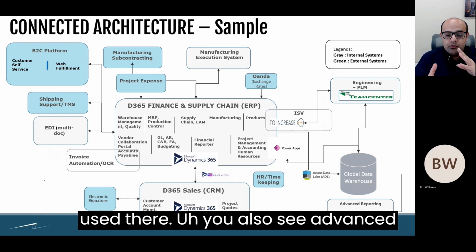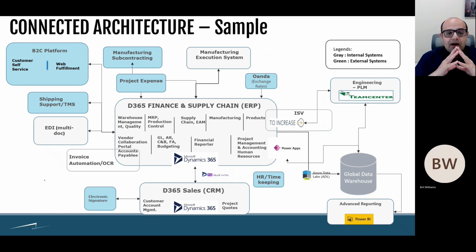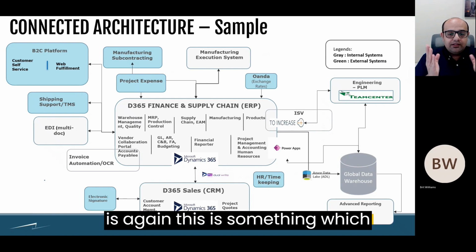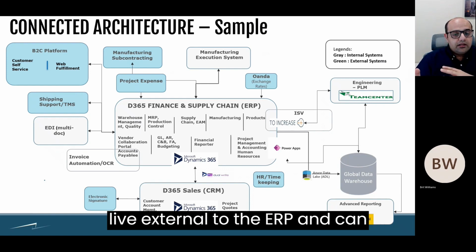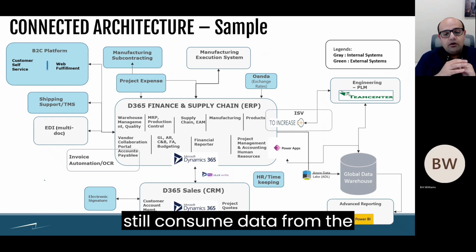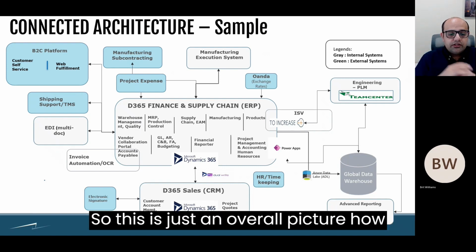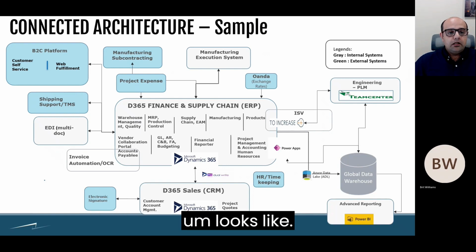You also see advanced reporting directly from the global data warehouse, and the Power Apps component as well. This can live within the ERP or external to the ERP and can still consume data from the global data warehouse or other databases. So this is just an overall picture of what a connected architecture looks like.